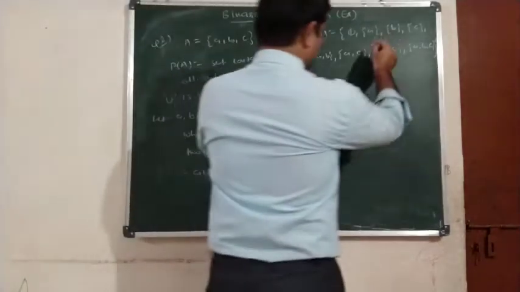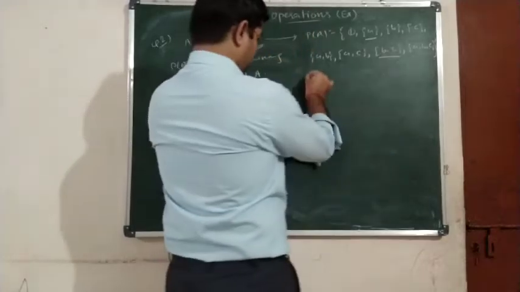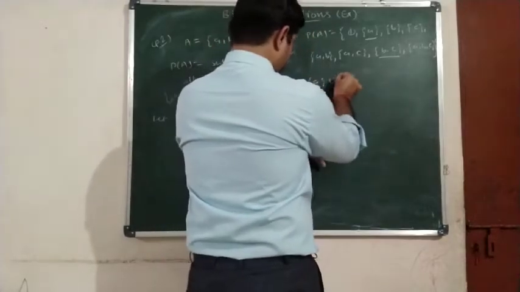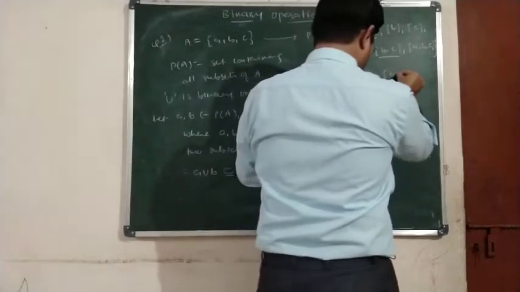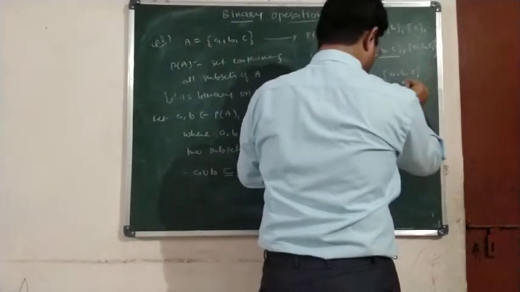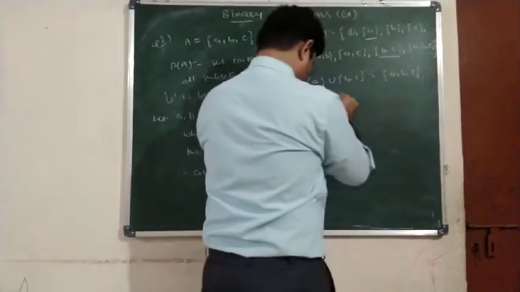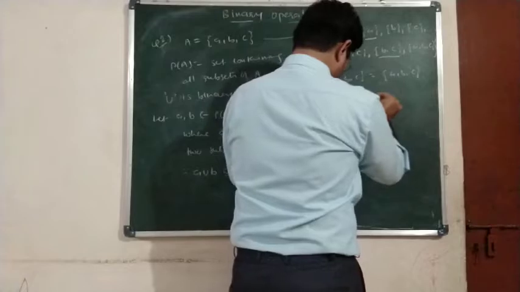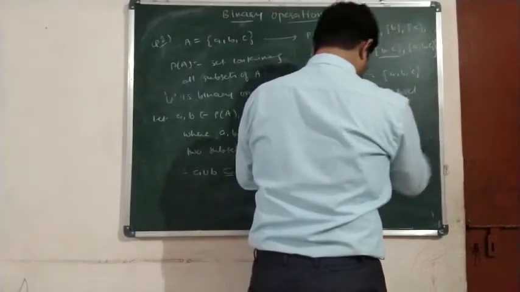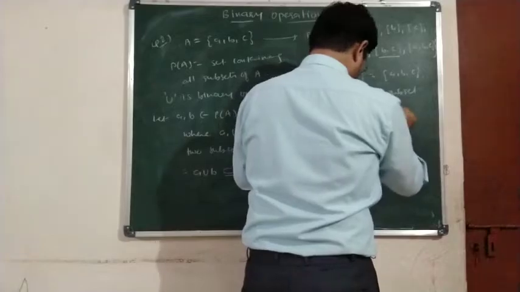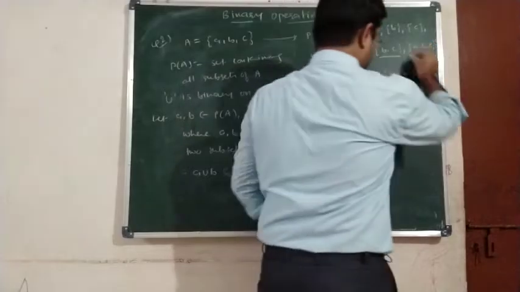Now consider any two subsets. Suppose we have taken this one and this one. If you take the union of these two, obviously it will be equal to {a, b, c}, which belongs to P of A, yes or no, this last element. Clear?